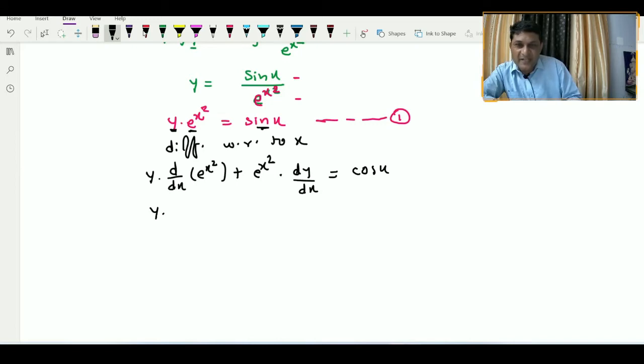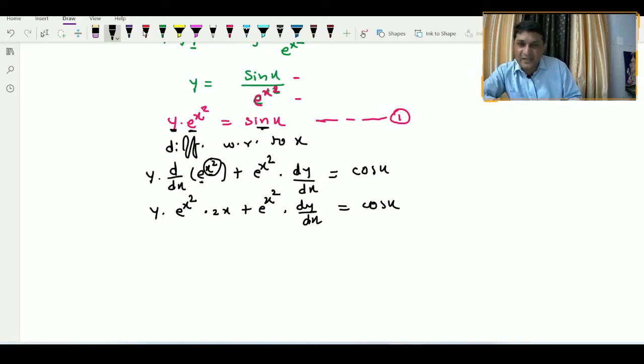So here y, keep it as it is, derivative of e raised to power x square is e raised to power x square into derivative of this x square will be equals to 2x, plus e raised to power x square into dy upon dx, keep it as it is equal to cos x also as it is. Now if we are taking e raised to power x square common from both the terms, so here remaining term is 2x into y, it's 2xy, plus here remaining term is dy upon dx is equal to cos x.